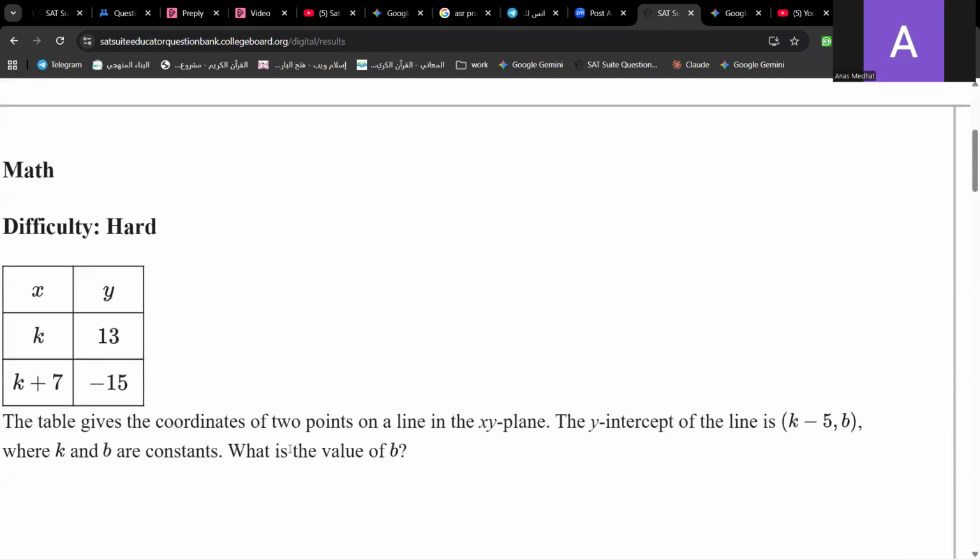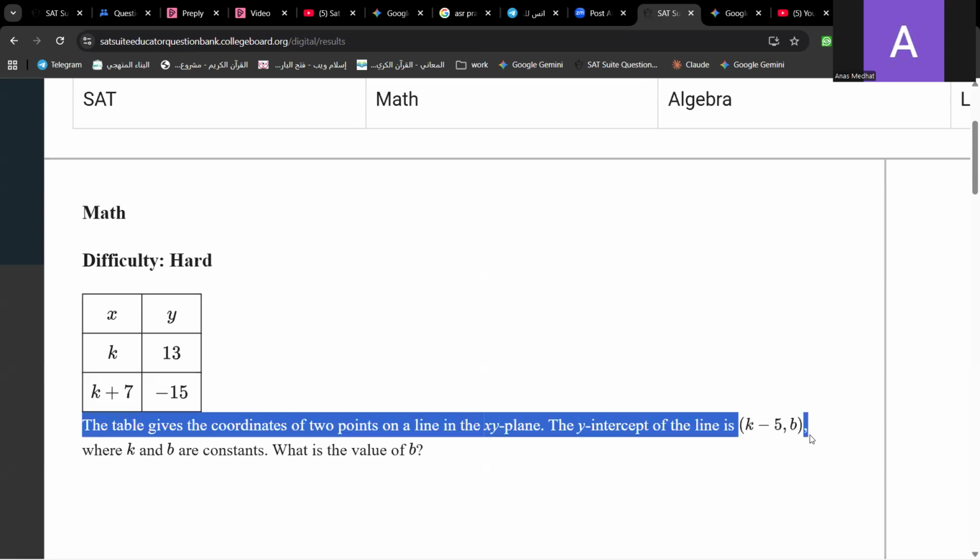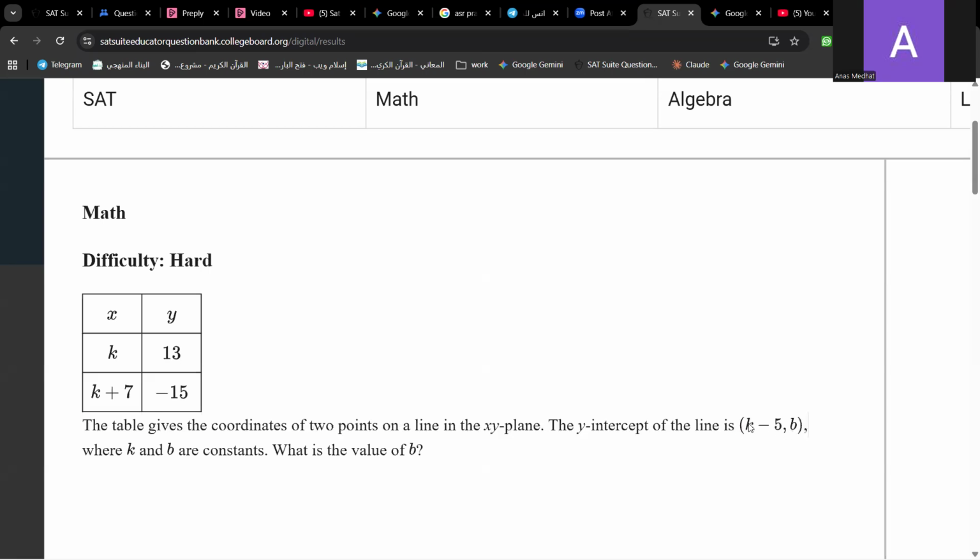The table gives the coordinates of 2 points on a line in the xy plane. The y-intercept of the line is, they have given you the y-intercept. What is the value of p? So the y-intercept is the value of y when x is equal to 0. So if this is the y-intercept, that means k minus 5 is equal to 0.